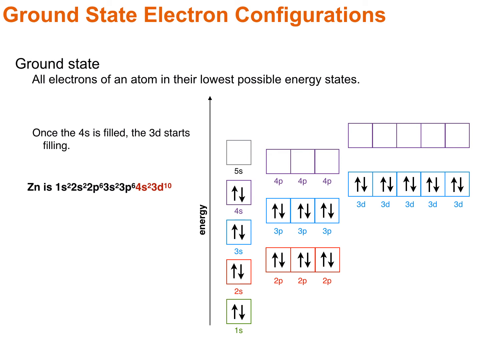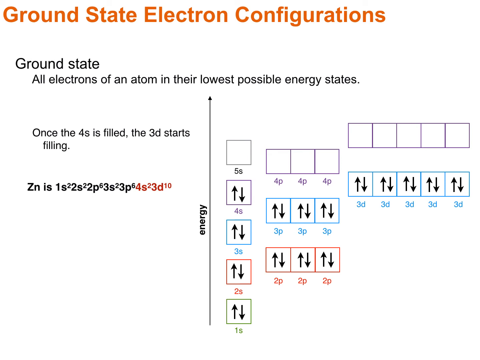Then we jump down to the n equals 4, and we're going to have 12 electrons total. 2 of those electrons are going to go in the 4s2. That leaves us with 10 remaining electrons, and all 10 of those are going to go in the 3d subshell, completely filled. And we don't start filling the 4p until we get to gallium, which is 31 electrons.